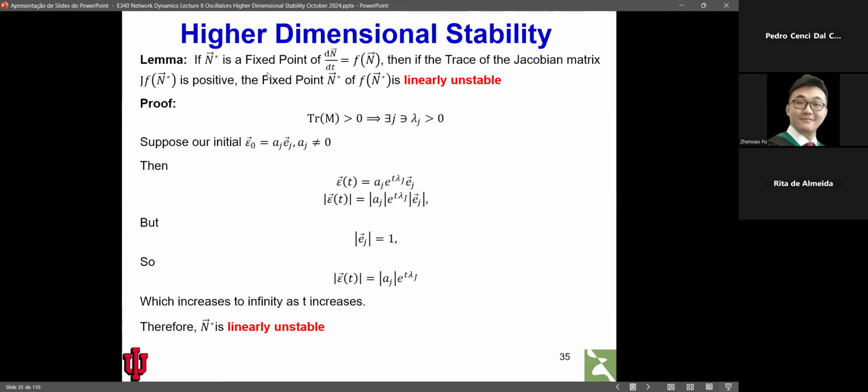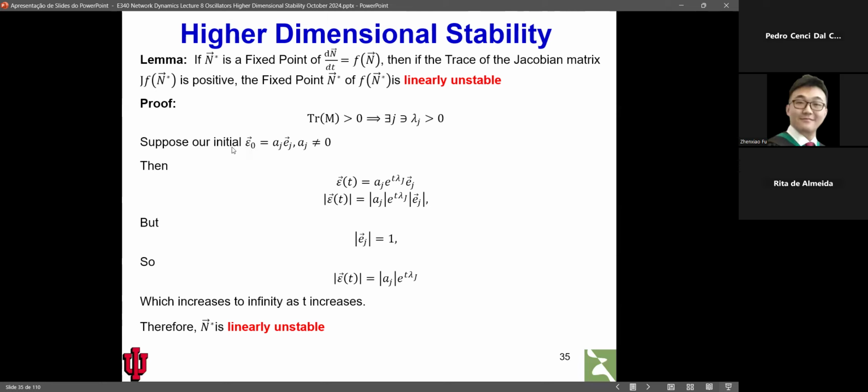Okay, so if n star is a fixed point of F, and the trace of the Jacobian matrix is positive, the fixed point n star is linearly unstable, right?